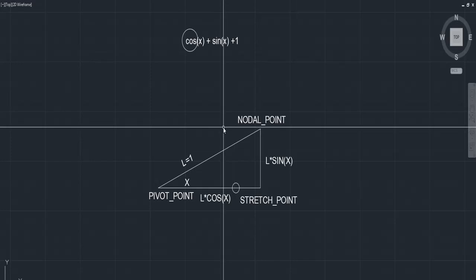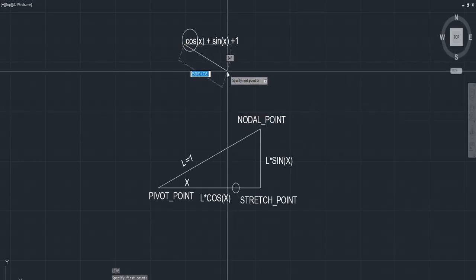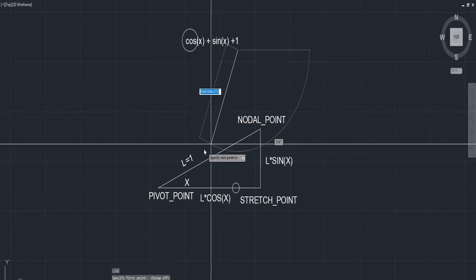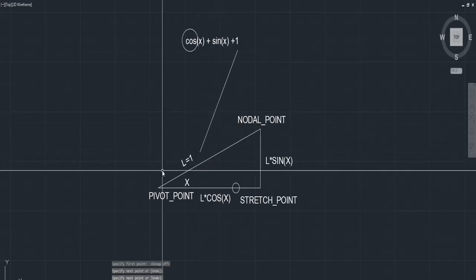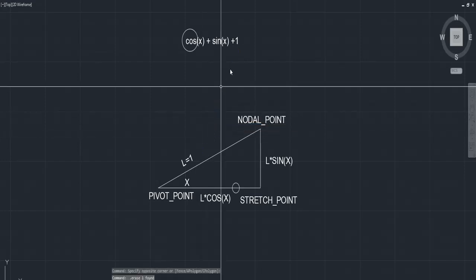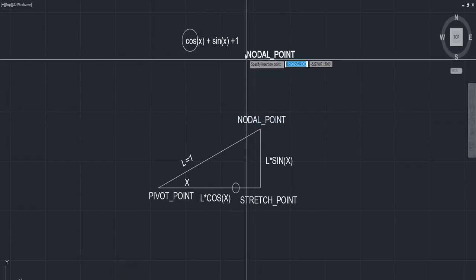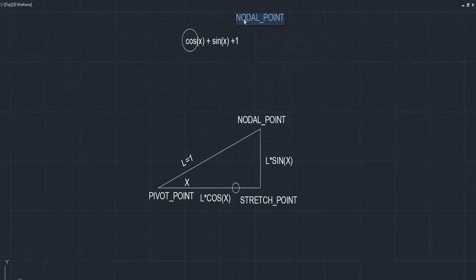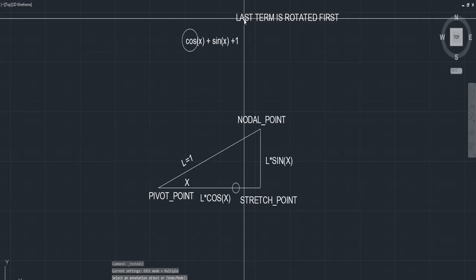Here the tactic is that since the 1 comes last, we have to rotate it first. The last term is rotated first, like stacks, last in first out.